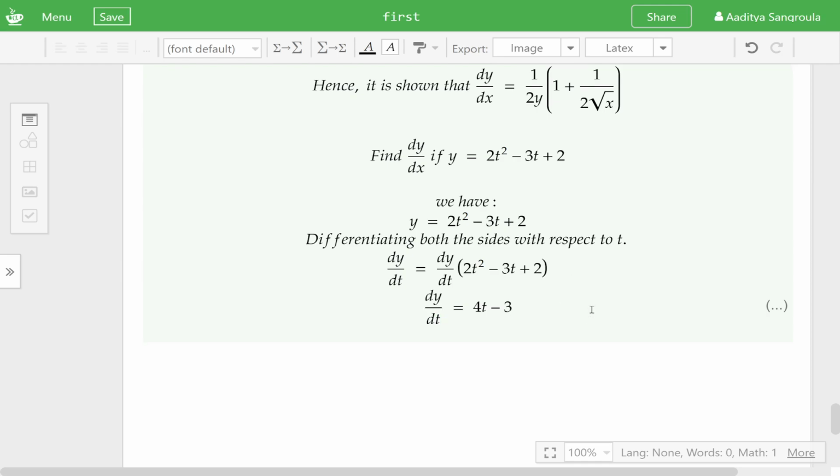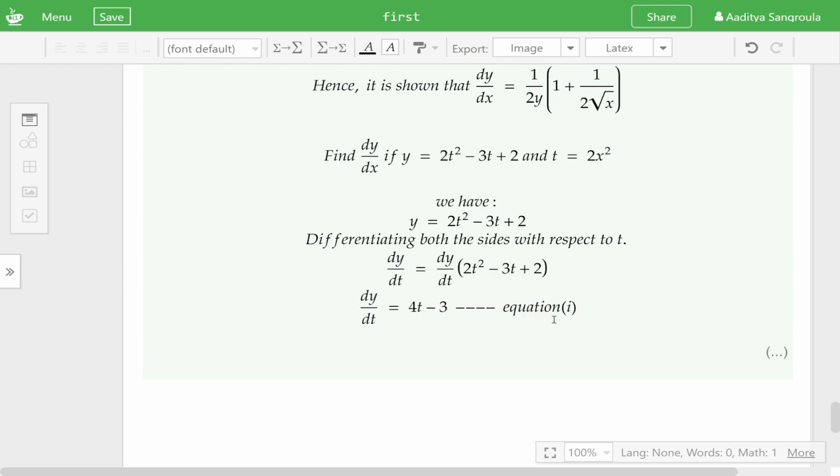Right? And now we cannot stop at this point, right? Because the question says t is equal to 2x squared. So we copy this first, and we call this equation 1.